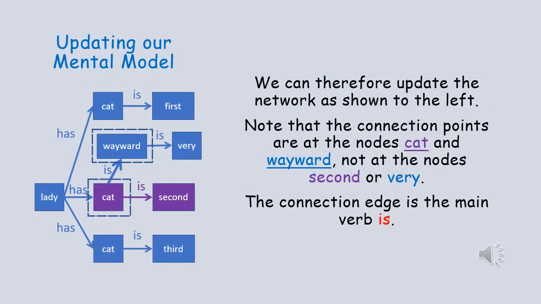We can therefore update the network as shown to the left. Note that the connection points are at the nodes cat and wayward and not at the nodes second or very. The connection edge is the main verb is.